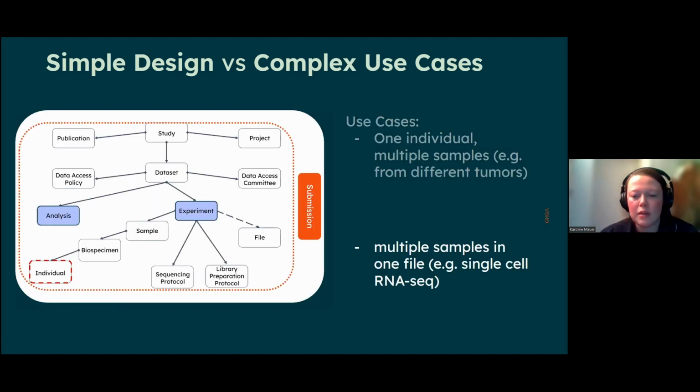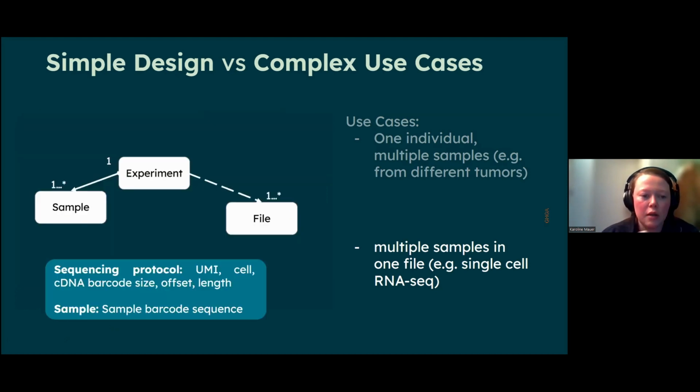Another use case is that we have multiple samples in one file. And here we take a look at the relationship between sample, experiment, and file. And here you can see that there is no direct link between sample and file, but the linkage happens within the experiment entity. So one experiment can have 1 or more samples, and one experiment has 1 or more files.